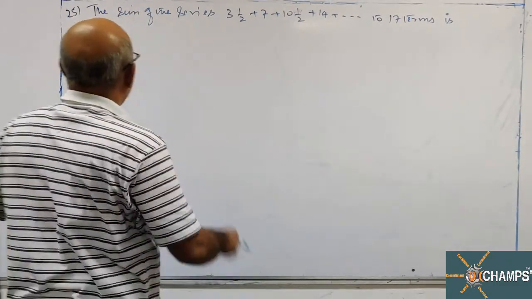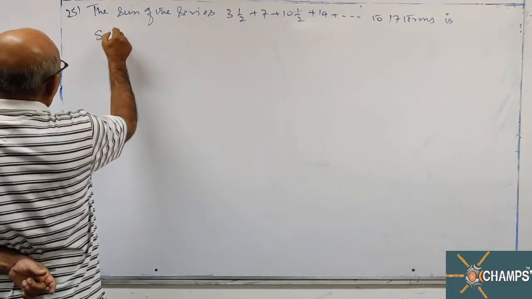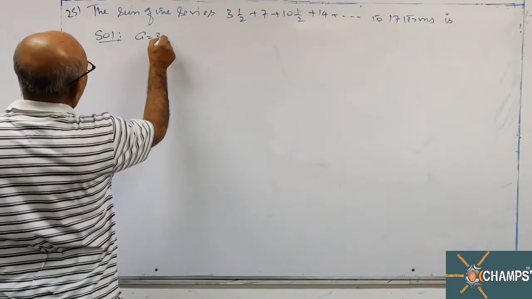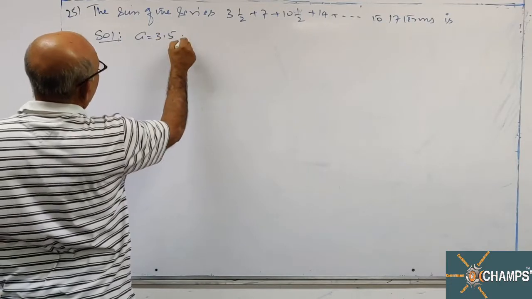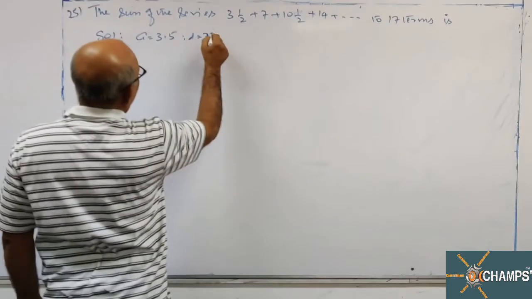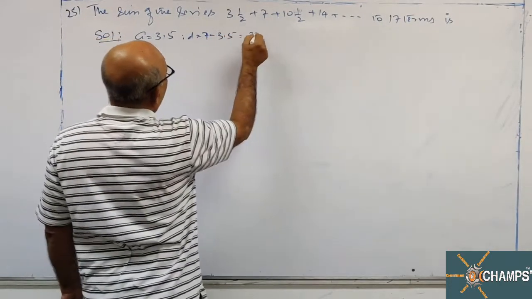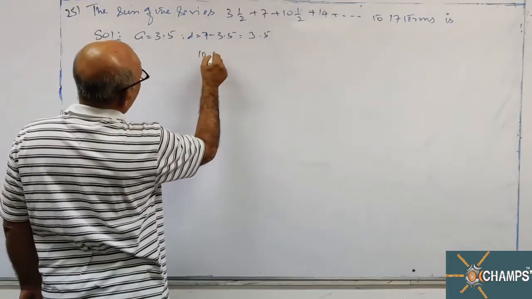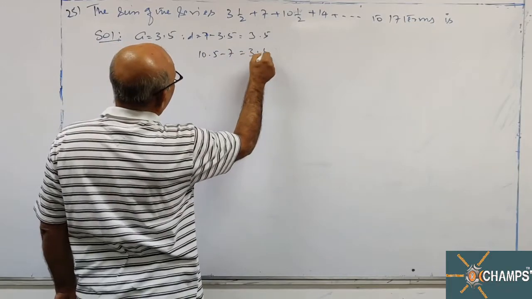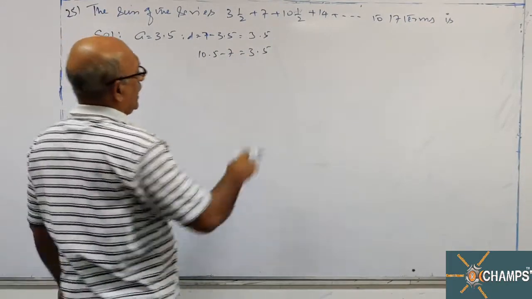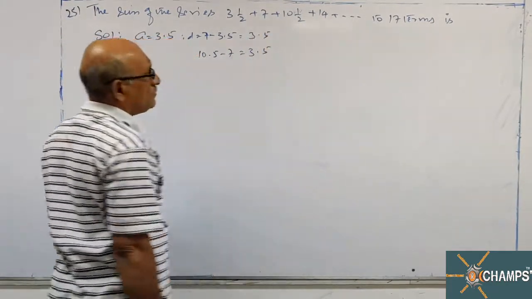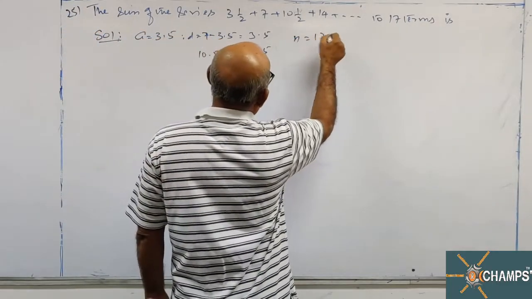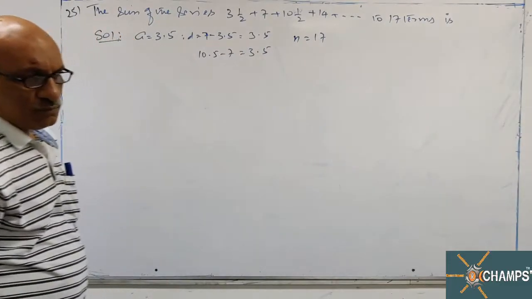See the solution. A is equal to 3.5. Common difference is 7 minus 3.5, which is 3.5. 10.5 minus 7, again 3.5. Now n is equal to 17. Number of terms is 17.